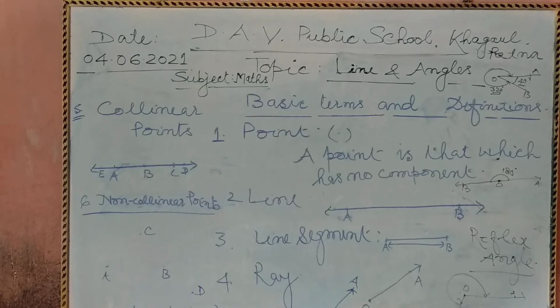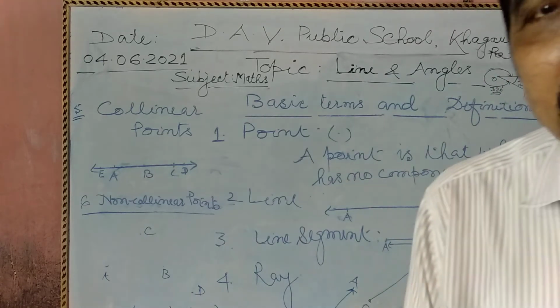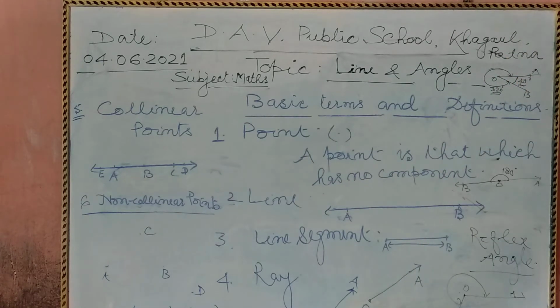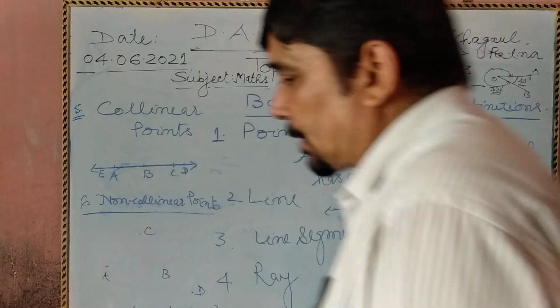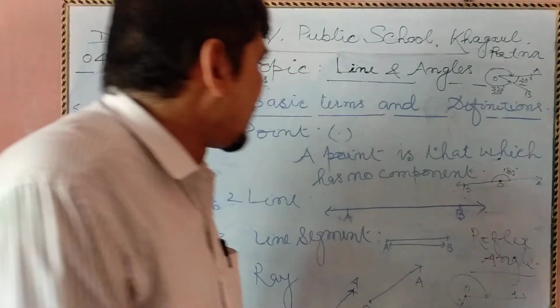Okay. Now there are some basic terms. We are going to define it. First term is point. You have seen a point. It is like a dot. By putting a dot sign, you can describe that is a point.